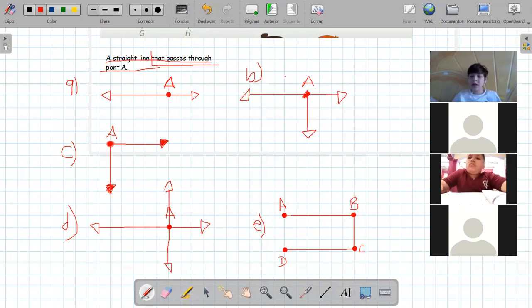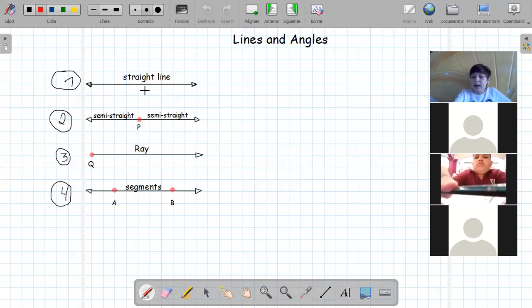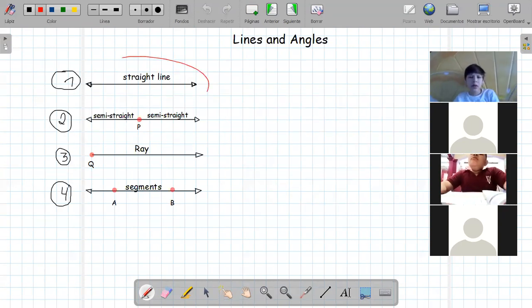When you connect the C to the D, then you have to connect the D to A. To understand this, the first thing you have to do is learn the names of the lines.